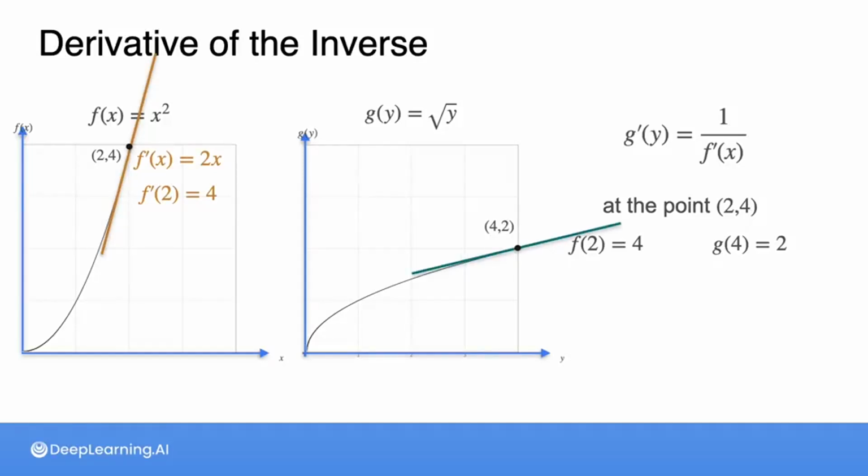Well, it's probably going to be 1/4, right? Because it's 1 divided by the slope on the left. And indeed it is, because g prime of 4 is 1 over f prime of 2, and that's 1/4. So in other words, if f and g are inverse functions, then the derivative of g is 1 over the derivative of f.